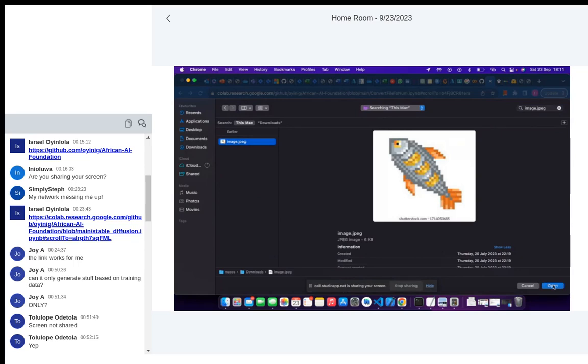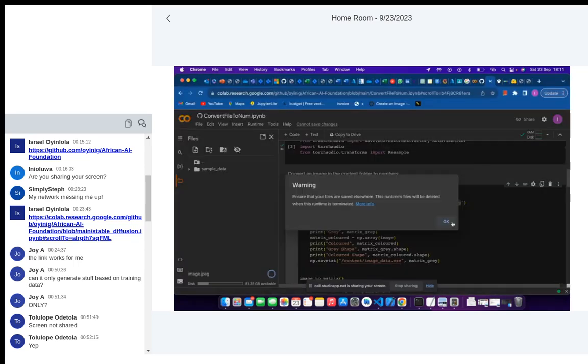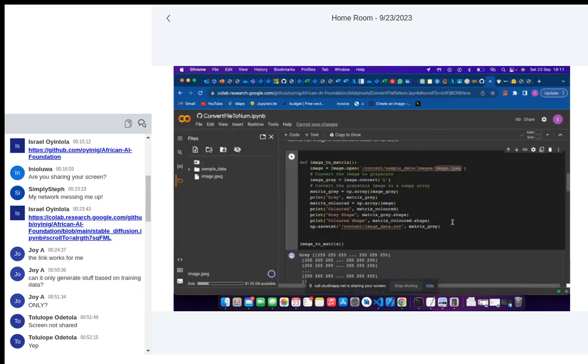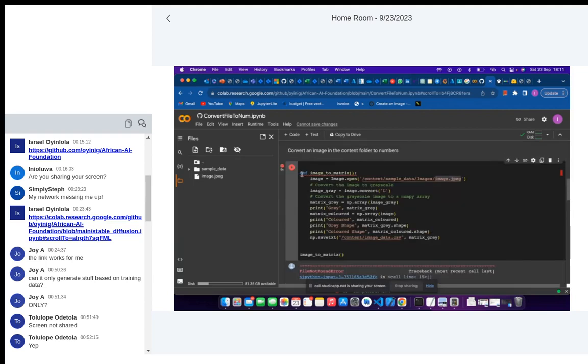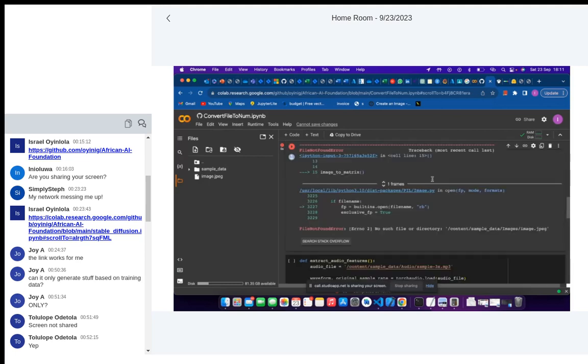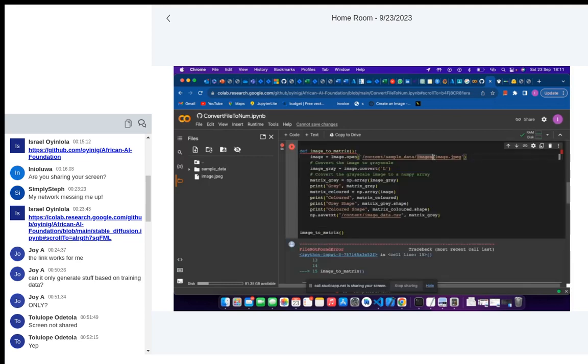I got it from Shutterstock. And I can run these to get, okay. Excuse me, I think it's the path. Yeah, it's complaining about the path.